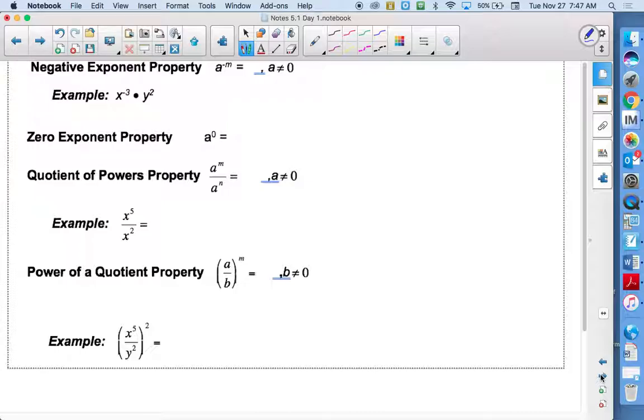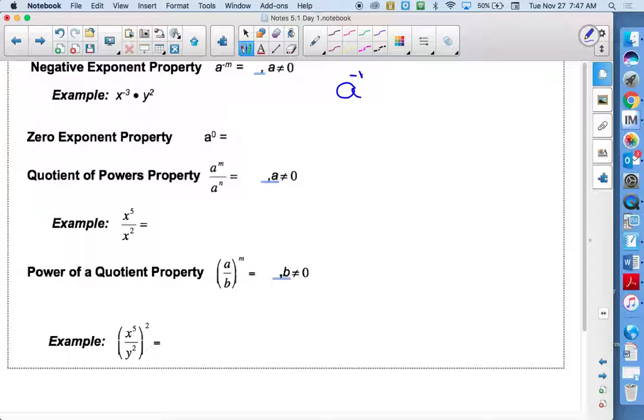Looking at the next group here, this is the negative exponent property. So it says a to the negative m. Does anybody remember what happens when you have a negative exponent? So what does a negative power do? Odette? Yeah.